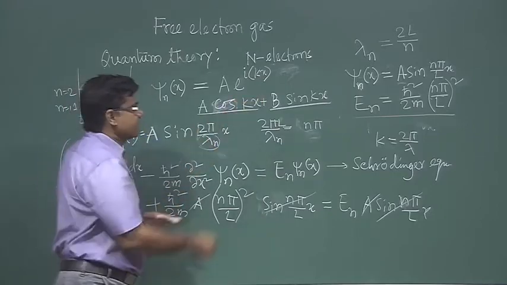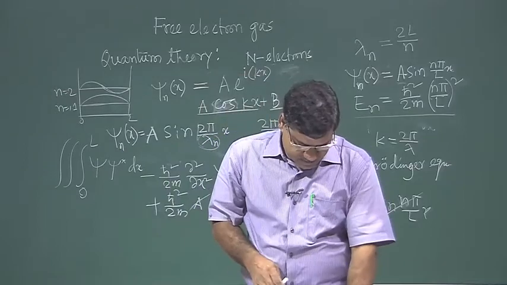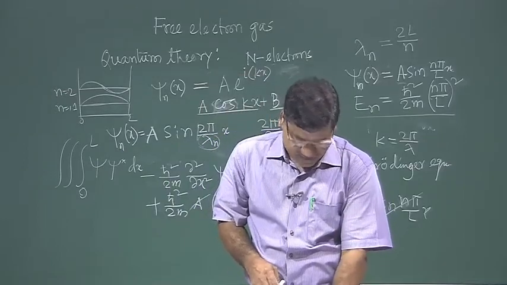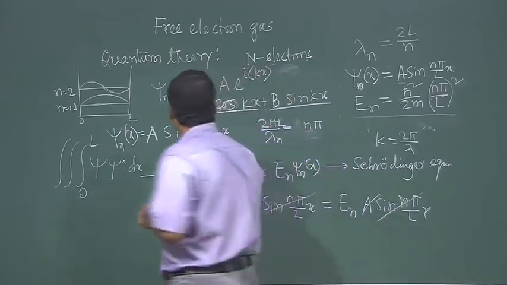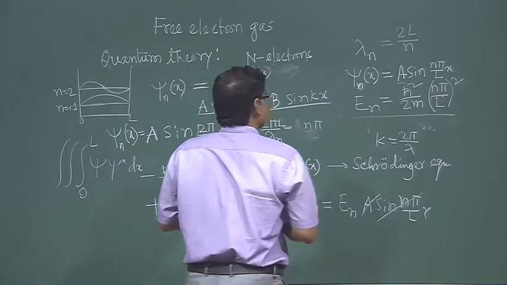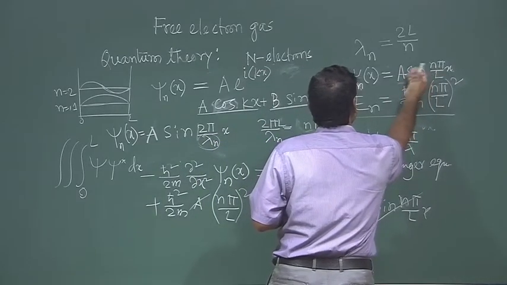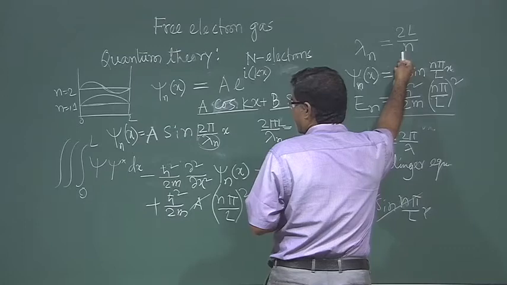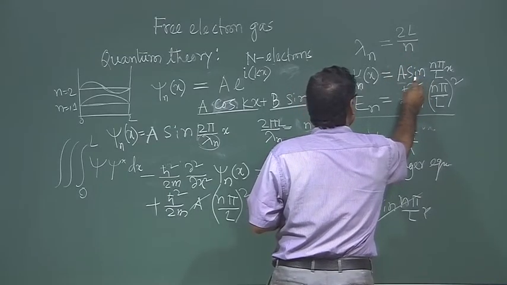Then one can find it easily. I do not need this value of A now, but one can find it easily. Should I do it? So, if you integrate, from here you will get A square.